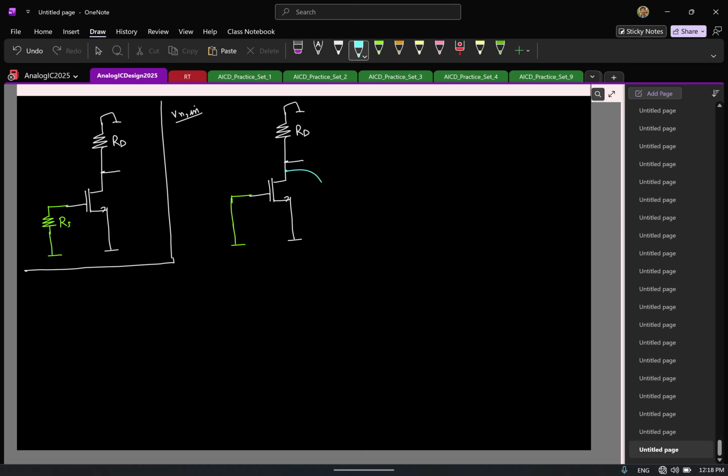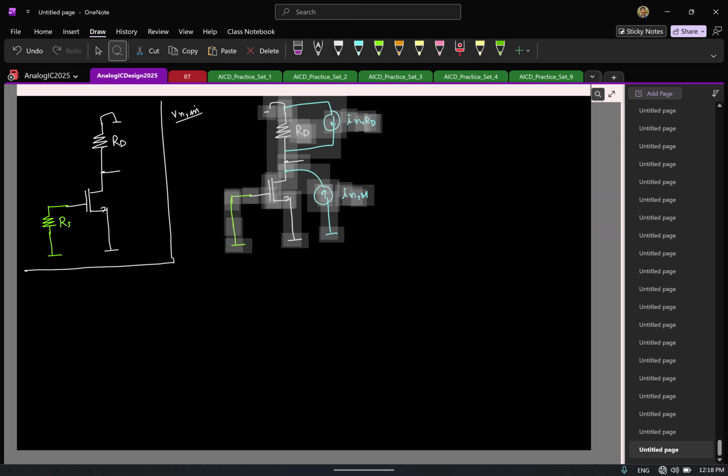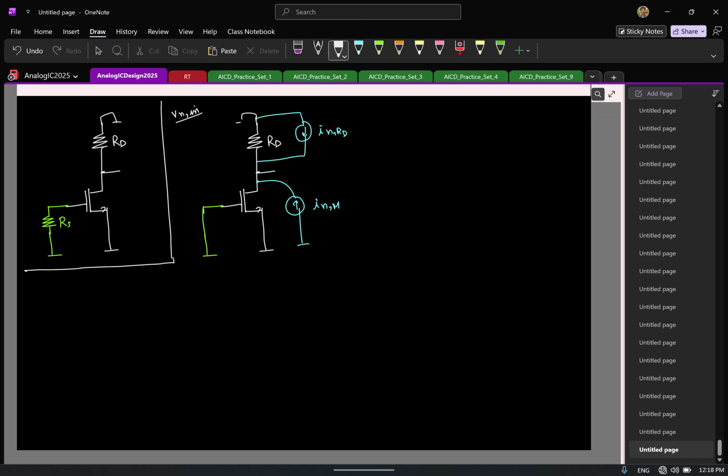I can model both of them as noise currents. I'll call this INRD, and I'll call this INM. Remember, the direction of the noise current sources is immaterial because it is a random quantity. But once you assume some sign, you stick to it so that you don't mess up the calculation.